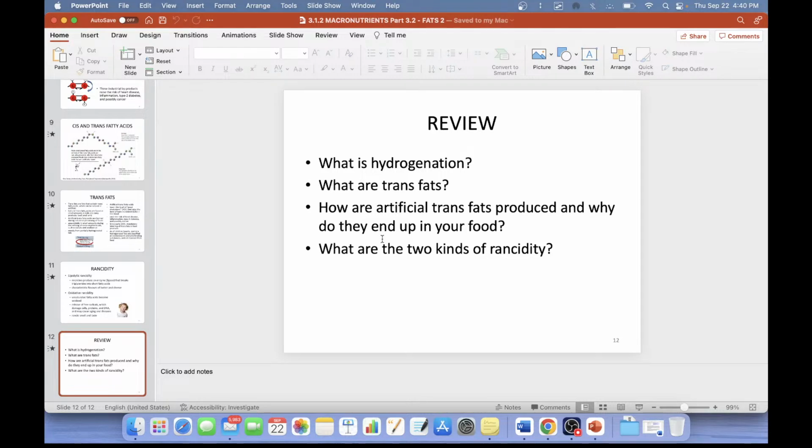But we don't call milk fat or beef fat trans fats because of that small amount of trans fatty acids. When we talk about trans fats, we're referring to fats that have been partially hydrogenated, and they contain larger amounts of trans fatty acids because of partial hydrogenation. Okay?